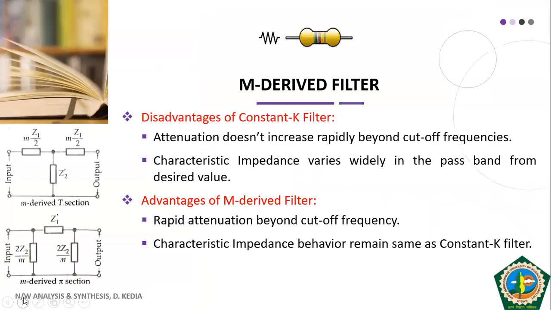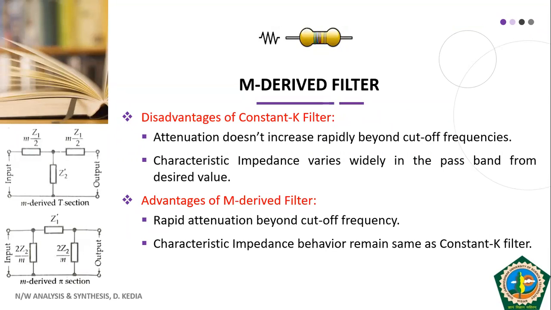So I'll hurriedly revise what we discussed in M-derived filter in the previous class. The main disadvantage of the constant K filter was that the attenuation characteristics were not desirable, in the sense that the attenuation was not rapid or sharp beyond cutoff frequencies. So that's why we went for M-derived filter, and in M-derived filter we could introduce rapid attenuation.